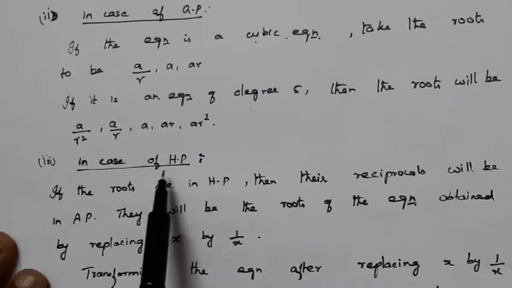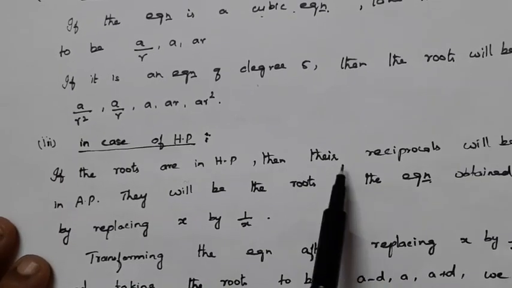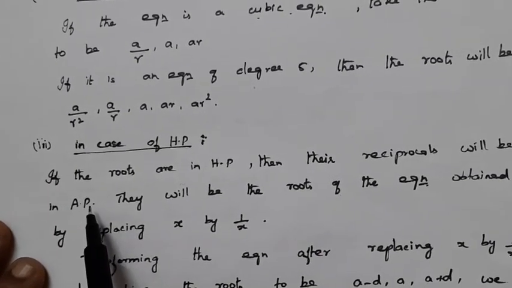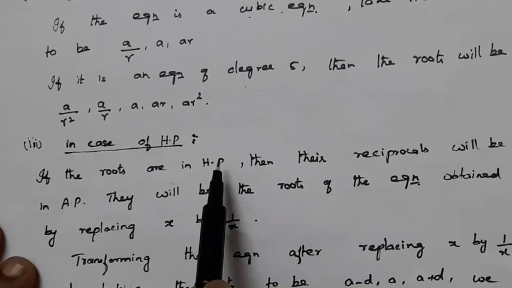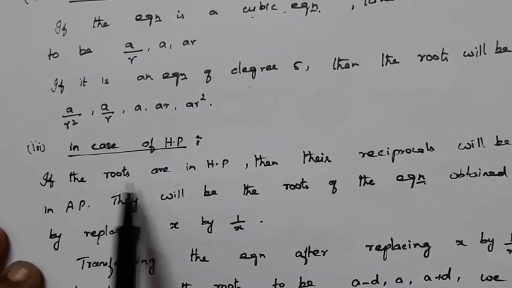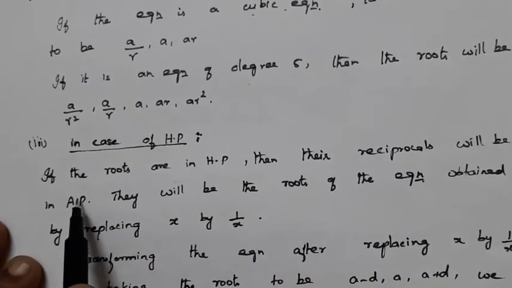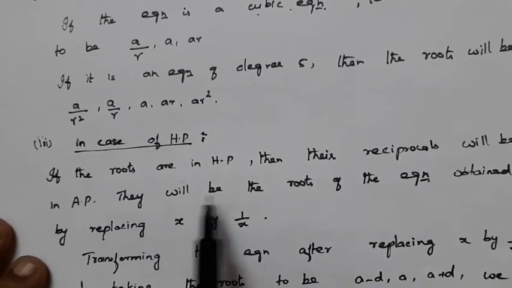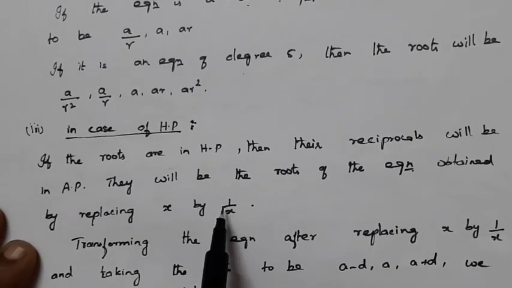Then in the case of harmonic progression, if the roots are in harmonic progression, then the reciprocals will be in arithmetic progression. You know that if three numbers are in HP, then the reciprocals will be in arithmetic progression. Likewise, if the roots are in HP, then the reciprocals will be in AP, and those reciprocal values will be the roots of the equation obtained by replacing x by 1 by x.